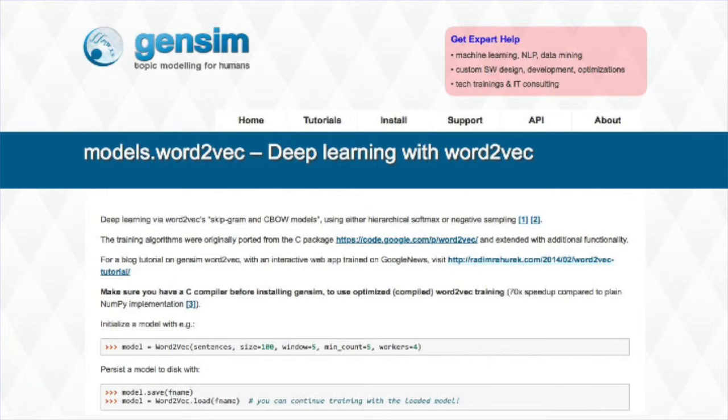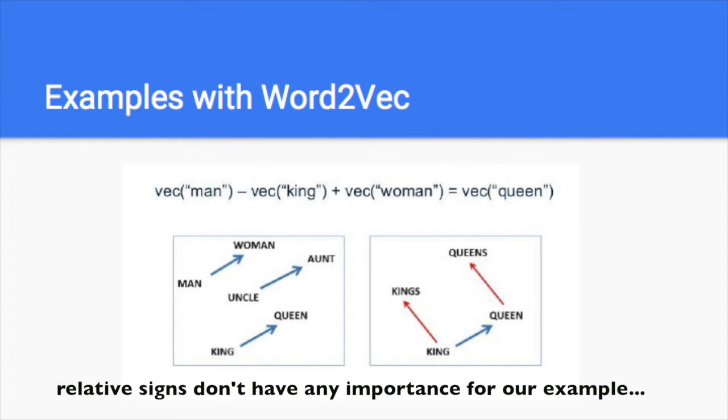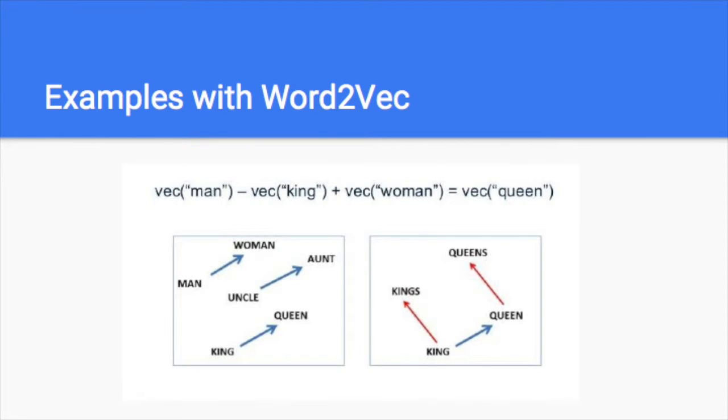Google published the Word2Vec algorithm, and after trying it, you can ask questions such as Copenhagen is to Denmark as Paris is to France, or have a geometrical way for requests such as king minus man plus woman, and it should output queen.